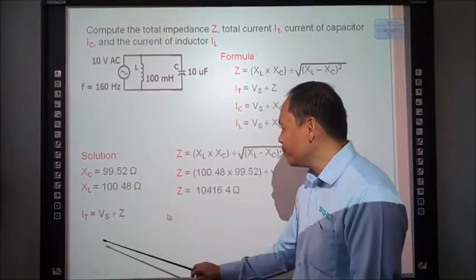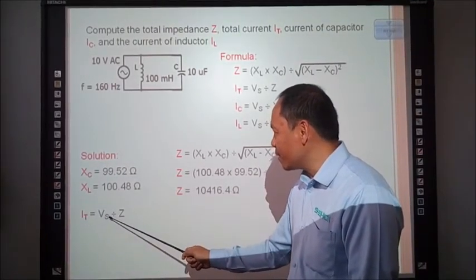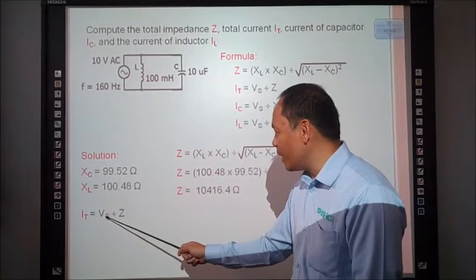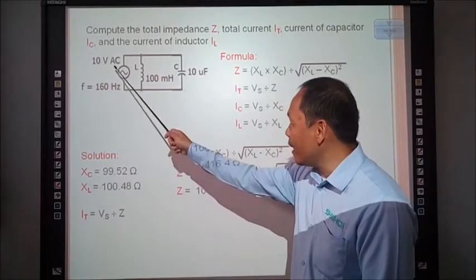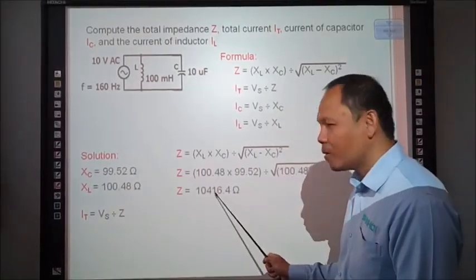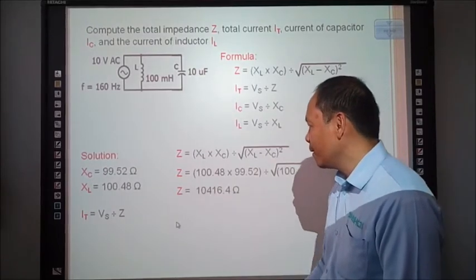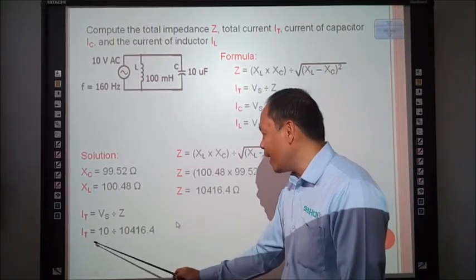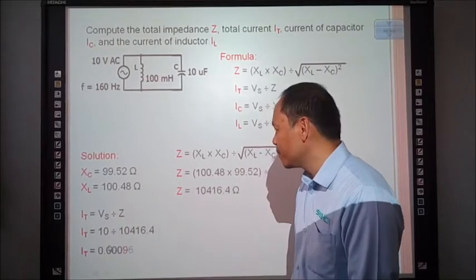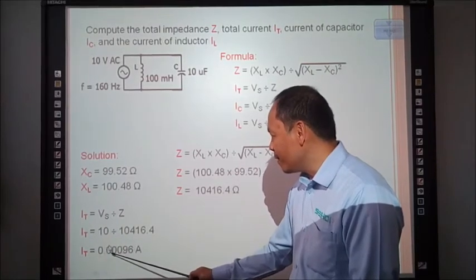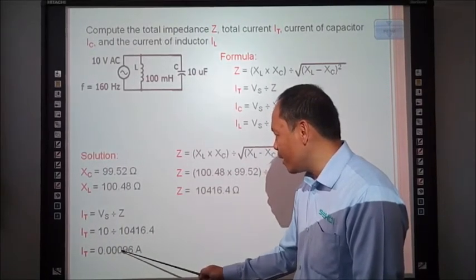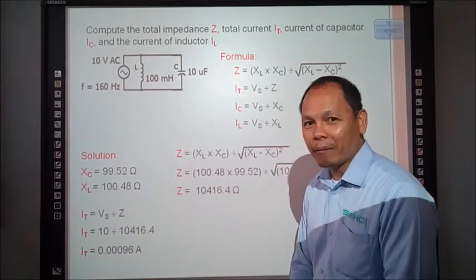Once you have this value of impedance, you can now solve for the total current. Total current is equal to Vs divided by Z. Substitute the values of Vs and Z: Vs is 10 and Z is 10,416.4. So your total current is equal to 0.00096 ampere.